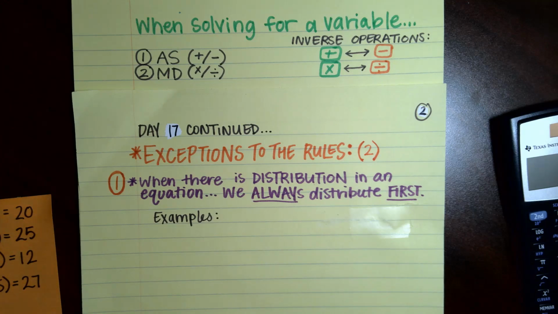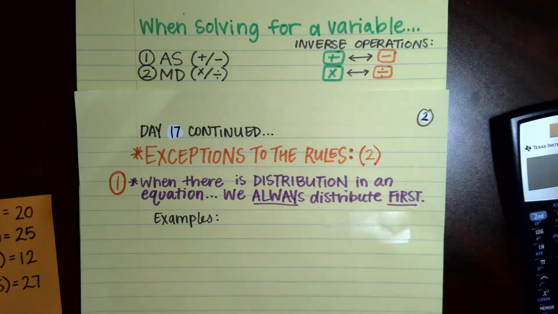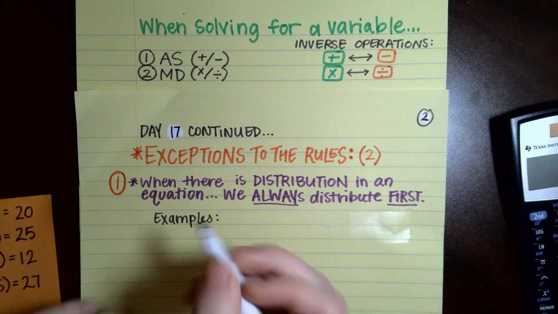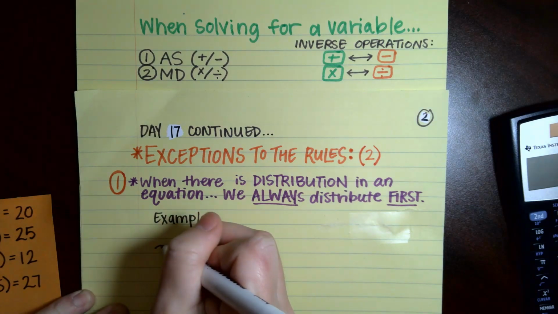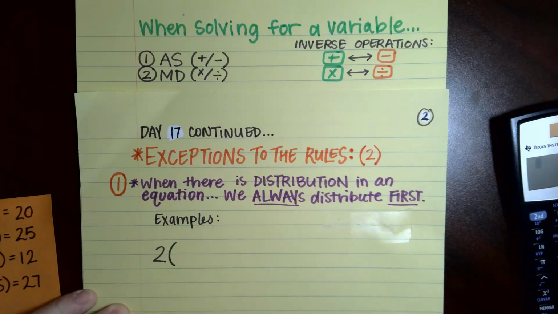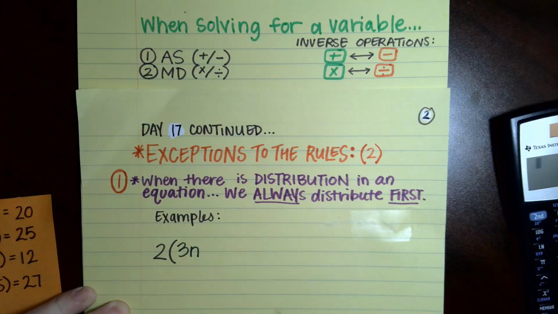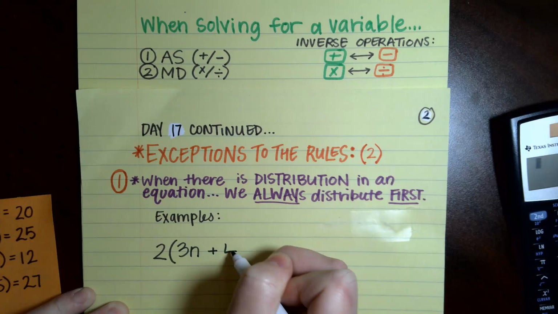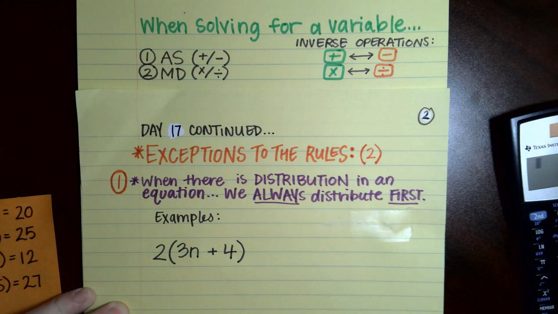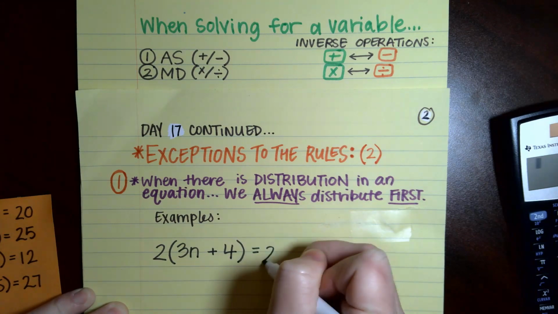Okay, so an example would be something like 2 times the quantity 3 times n plus 4 equals 20.